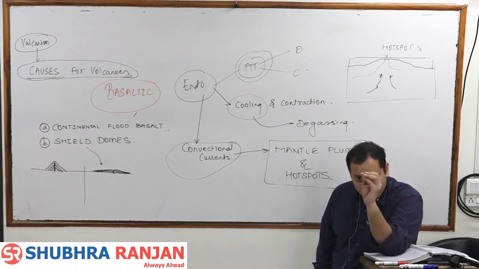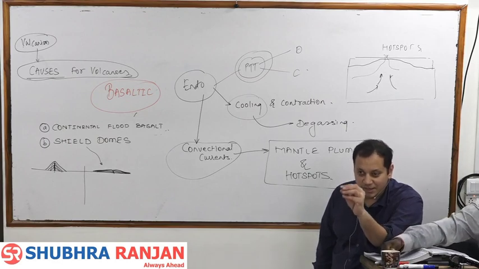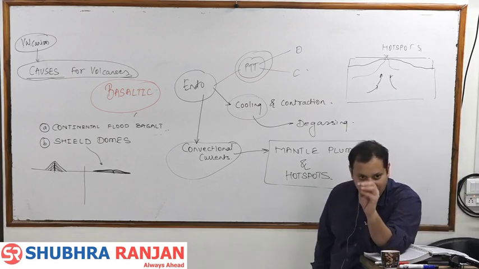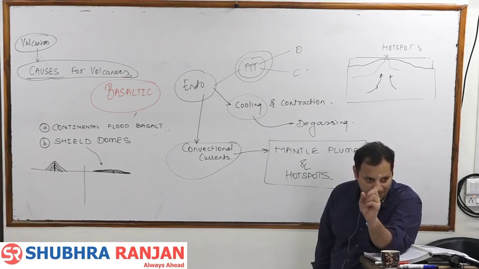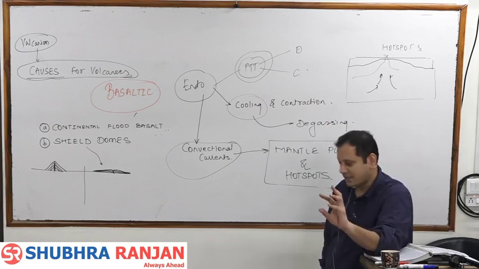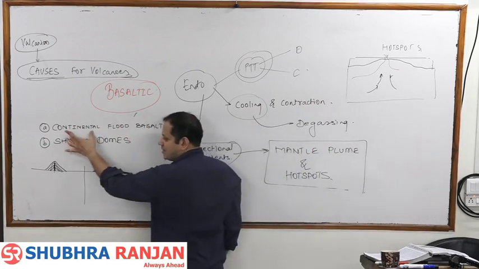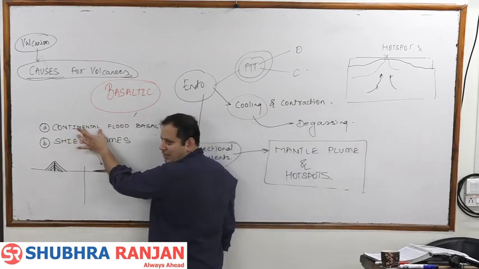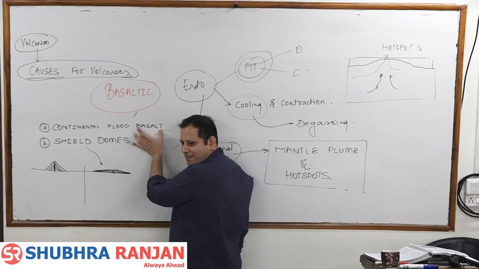Because it is on the land, it does not solidify quickly, and therefore it spreads like a flood, and it is known as continental flood basalt. Getting it? Otherwise words समझो, कॉन्टिनेंट्स पे है इसलिए कूल नहीं हुआ, कूल नहीं हुआ इसलिए स्प्रेड हुआ. जब भी स्प्रेड होगा फ्लड किसका? पानी का? नहीं, बसाल्ट का. Getting it?